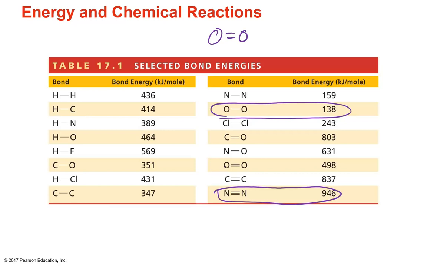The stronger the bonds, the more stable it is. It's like going to lower elevation. If I take a ball on top of the table and drop it to the ground, it's going to give off some energy. It's going to hit the ground, do whatever it does to the ground. Let's think of rocks instead of balls. It doesn't bounce, it smashes.